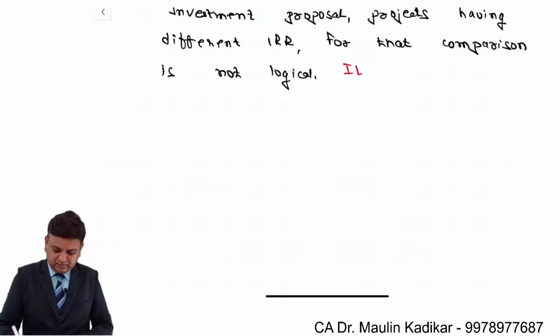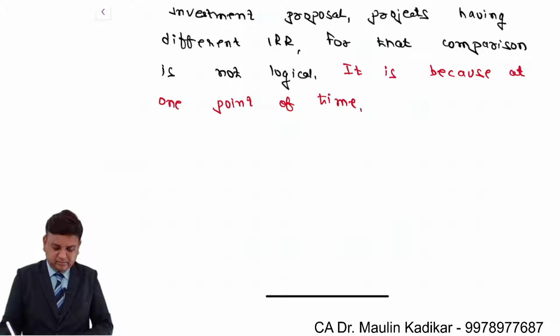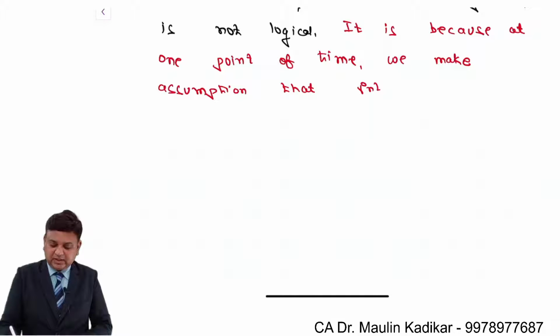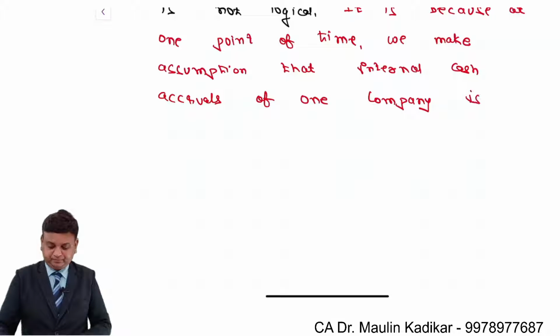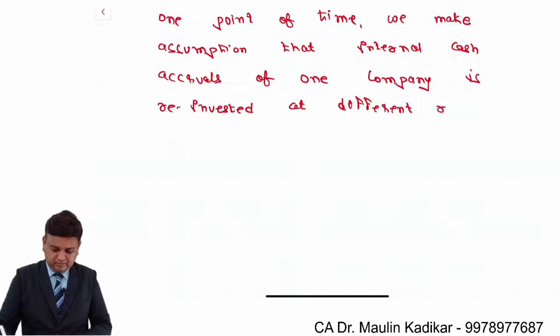It is because at one point of time, we make the assumption that the internal cash accruals of one company are reinvested at different rates.